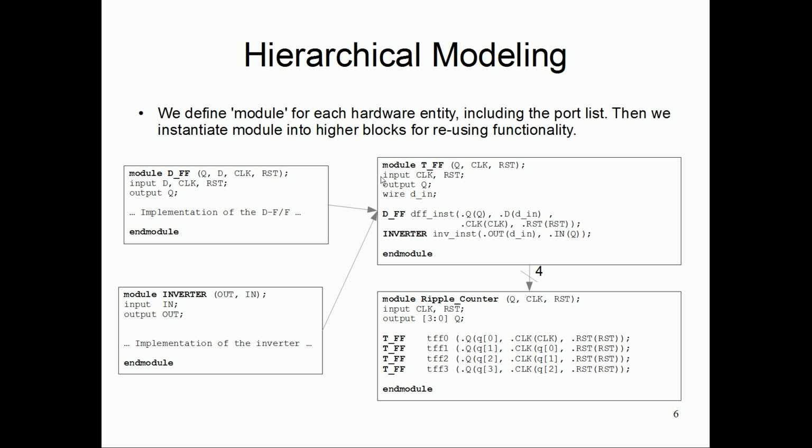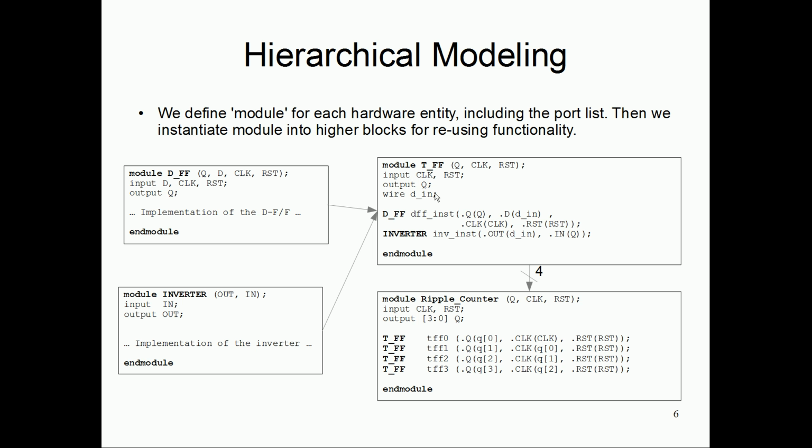We clarify which type of port they are. So clock and reset are input ports, the output is Q, and there is something called an internal connection, a wire, which we call D in. D in is just a name, like a variable name, you can say.